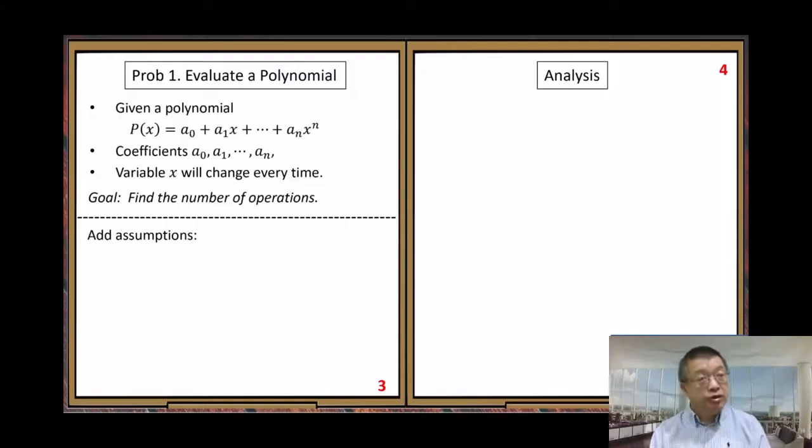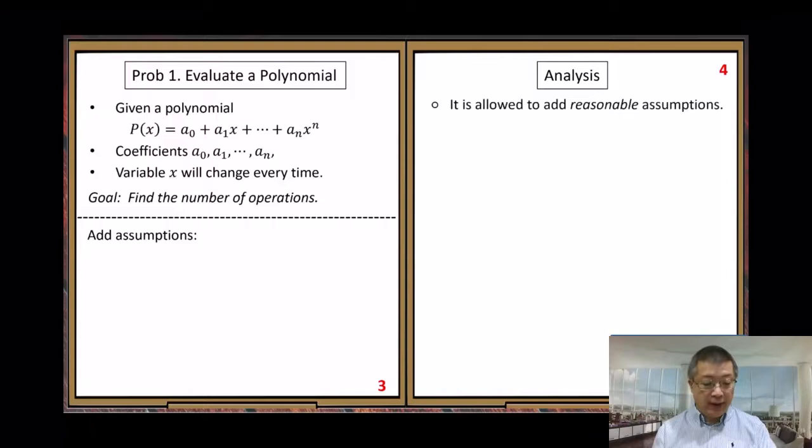In research and in problem solving, many times we need to make reasonable assumptions. Why is it allowed to add assumptions?